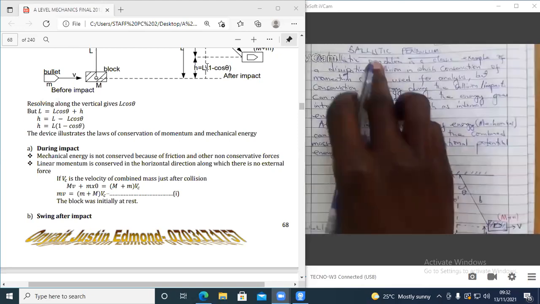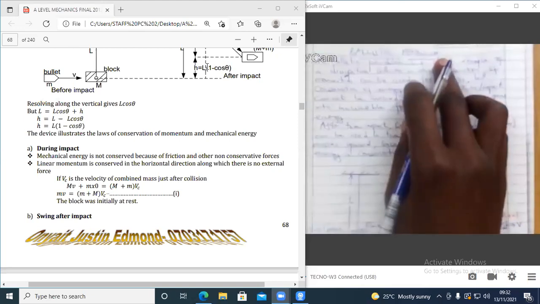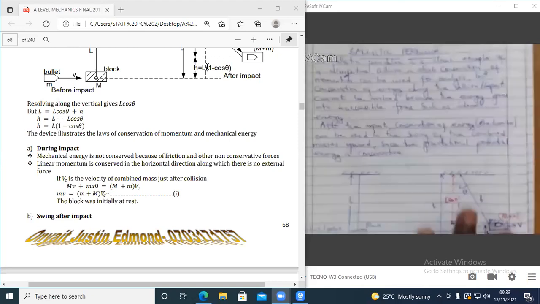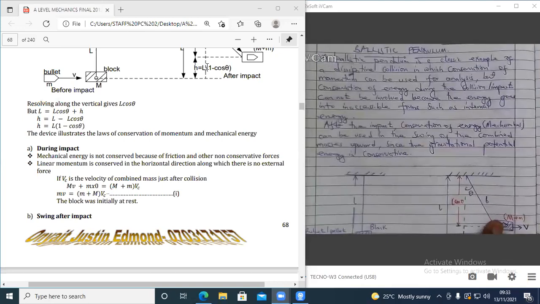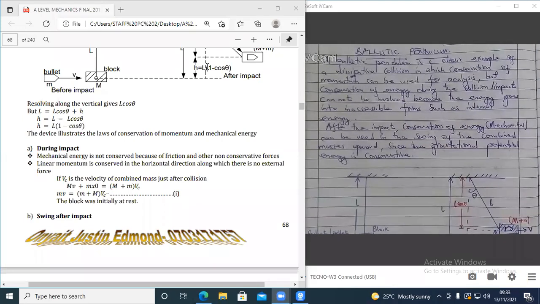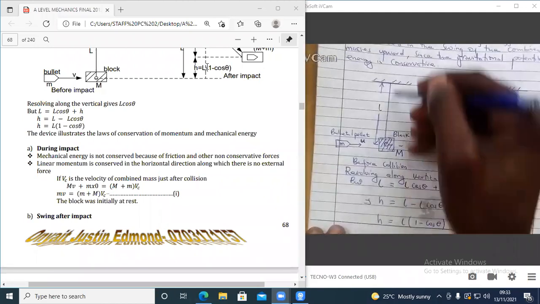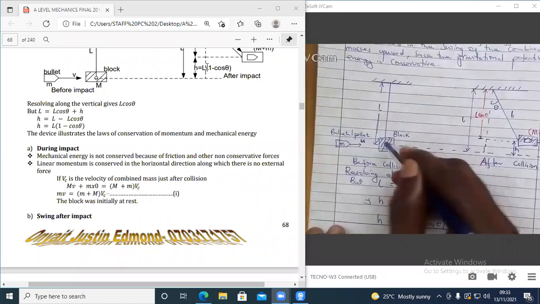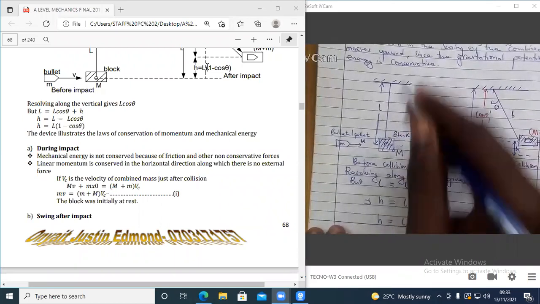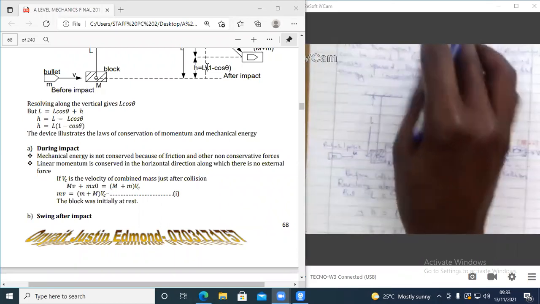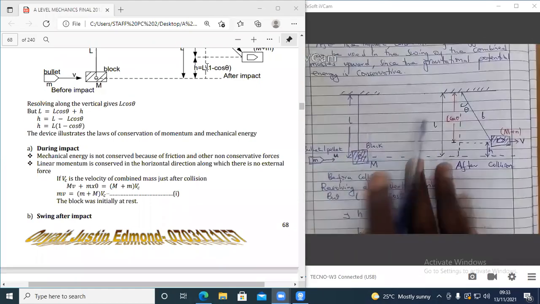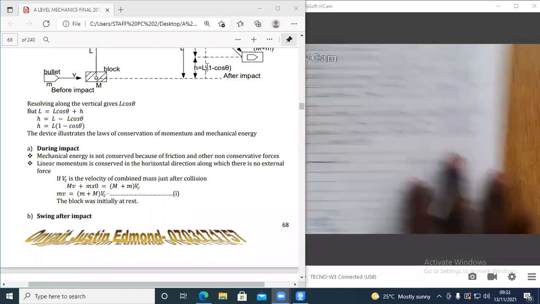Okay, we are looking at the ballistic pendulum. When you talk of a pendulum, it is something that can swing. This is the pendulum, but when we attach a block to it, it becomes what we call a ballistic pendulum. Anything that can swing is a pendulum.